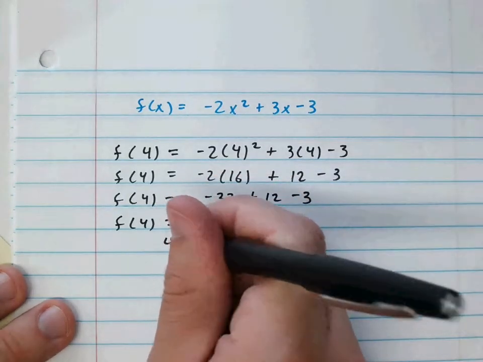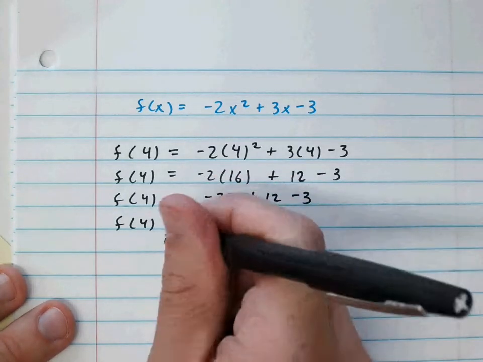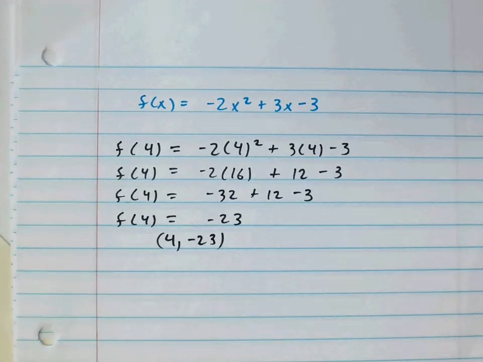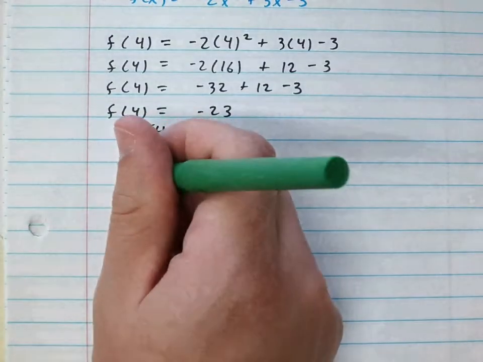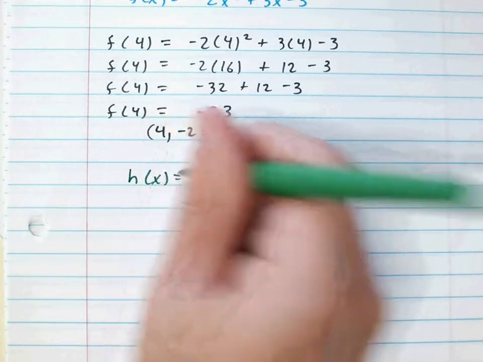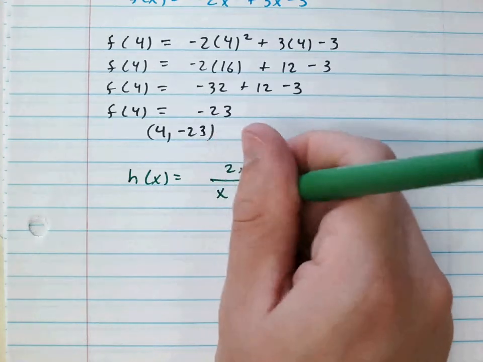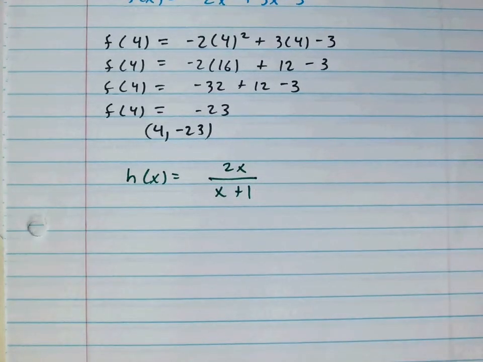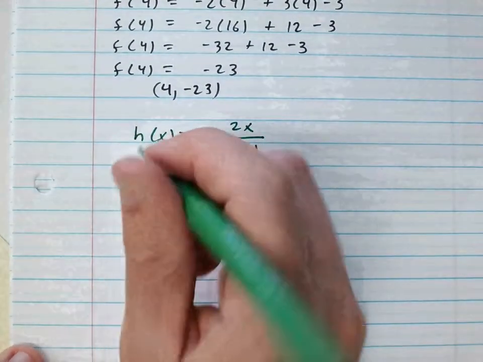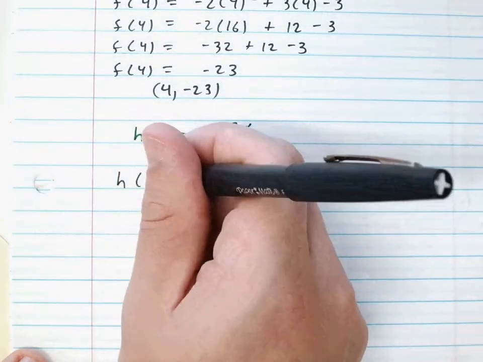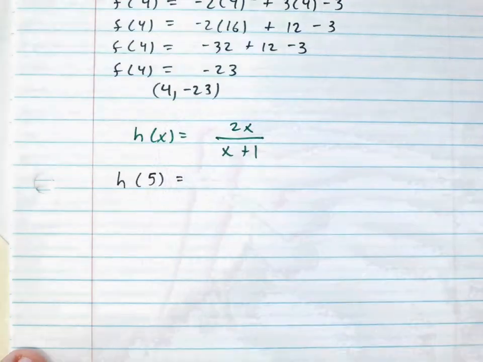If I were to write this as an ordered pair to graph, it would be the pair (4, negative 23). Let's do one more. How about h of x equals 2x over x plus 1? And I want to find h of, let's say, 5. So h of 5.